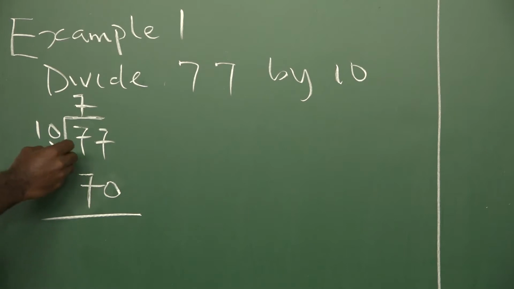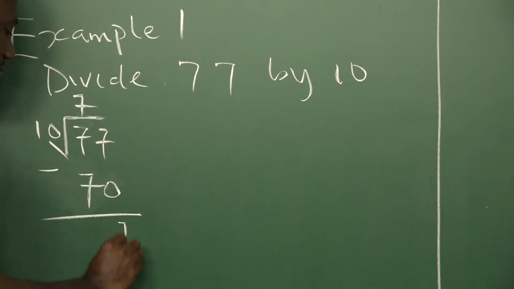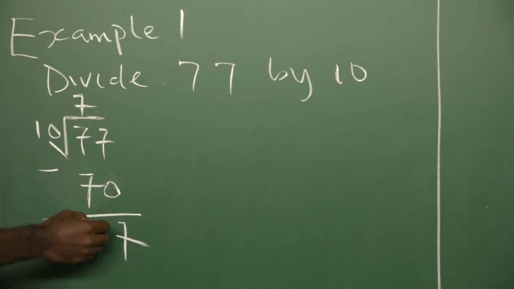Now, subtracting 70 from 77. 7 minus 0 will give us 7. Then 7 minus 7, of course, is 0. So we can just leave it at 7.